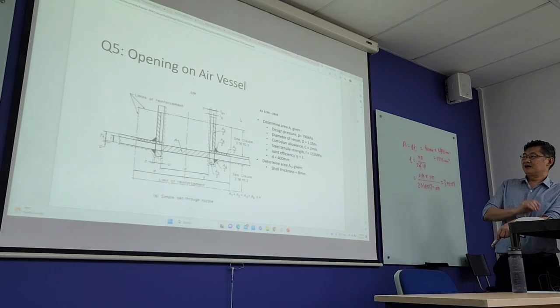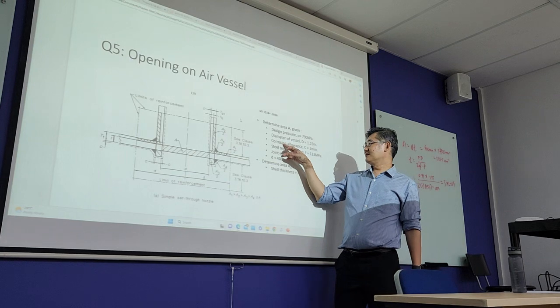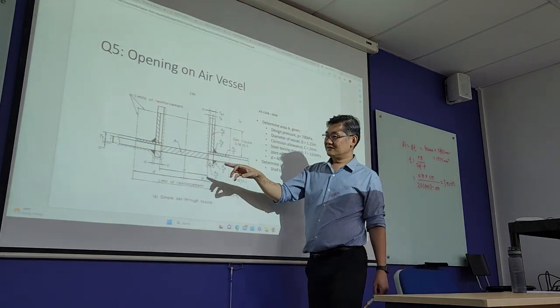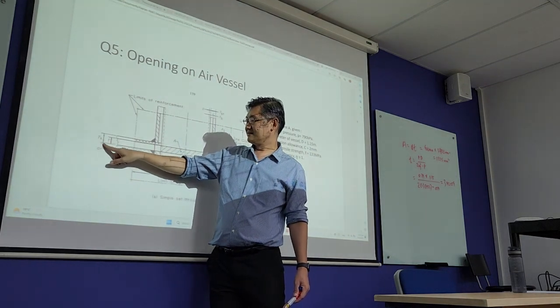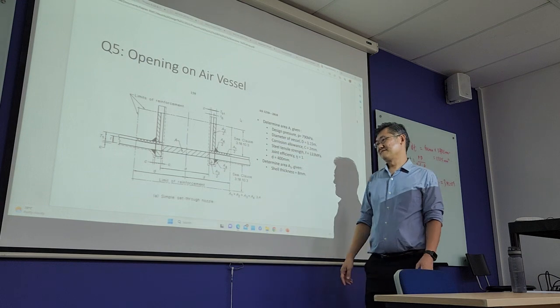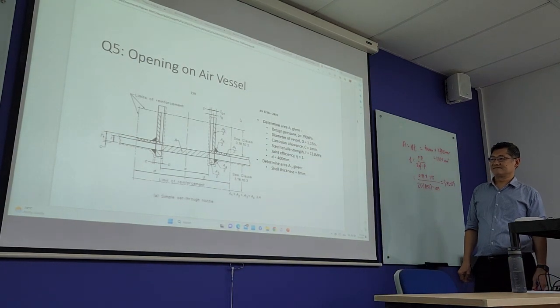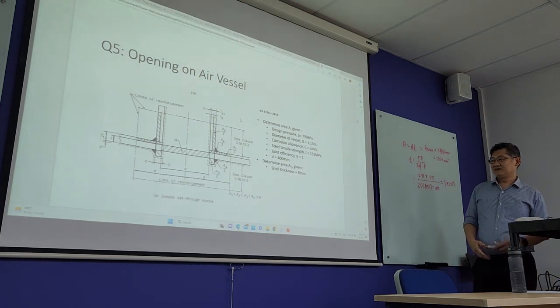Our question asks, given our project B, that they want us to include corrosion allowance. So in this case, you can see over here, the corrosion allowance of 2 mm is added.